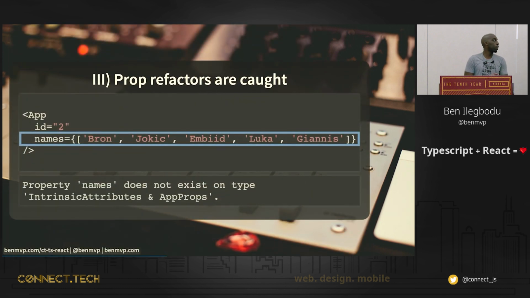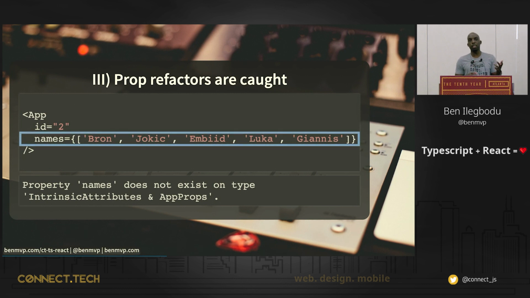So let's move on to the third one, right? So if we decide to change the name of a prop, we refactor it, we want to give it a different name because of reasons. So in TypeScript, all the places must be updated.